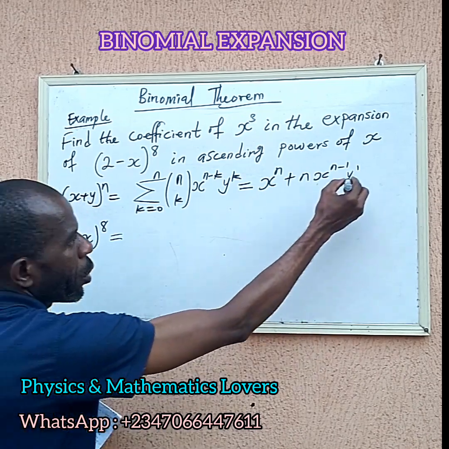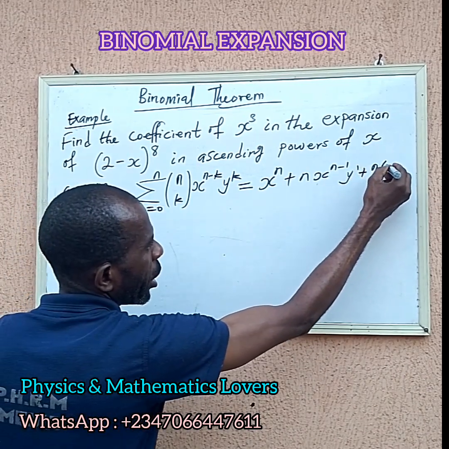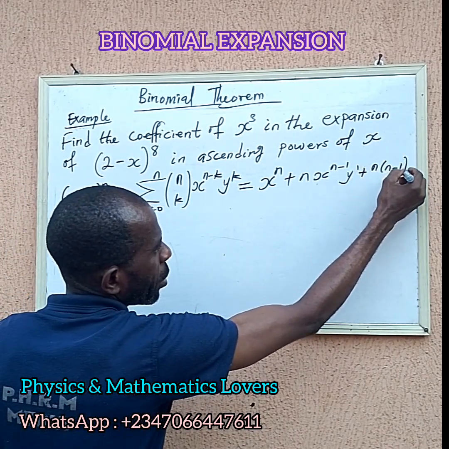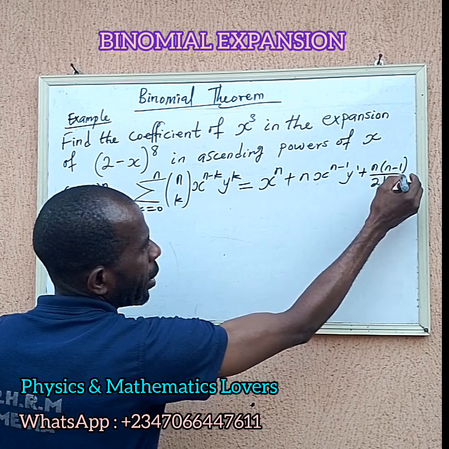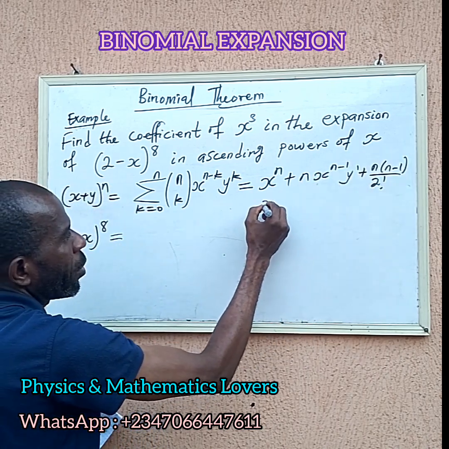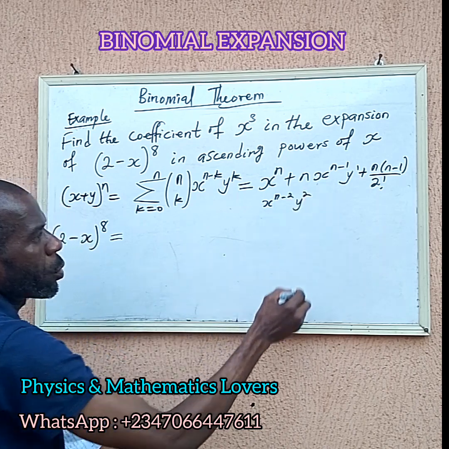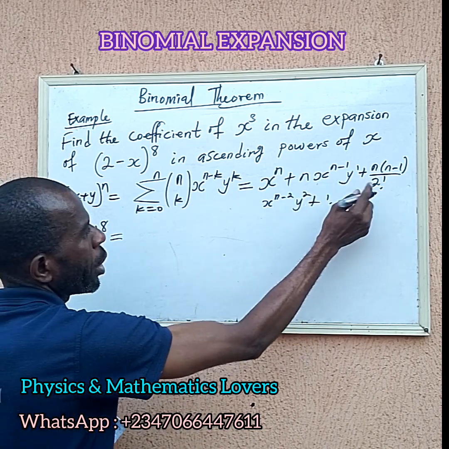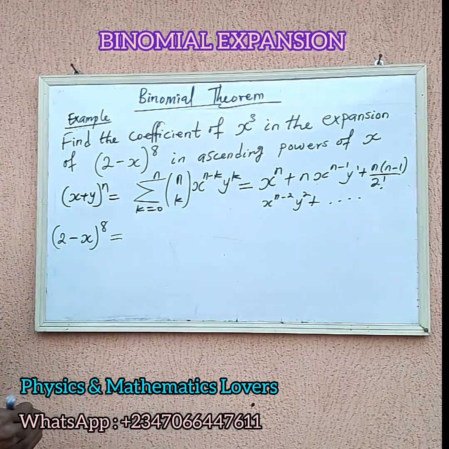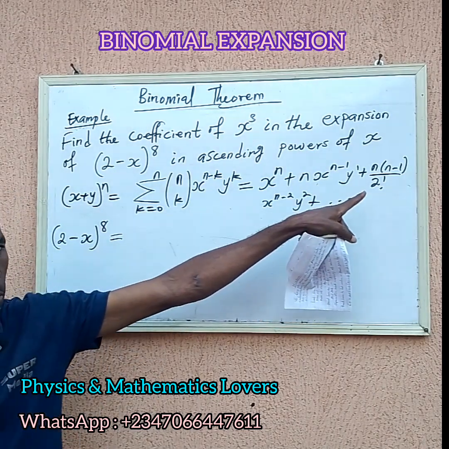Then plus the next one, n times n minus 1, over 2 factorial, then x to the power n minus 2, then y raised to power 2. So this is used to get the different terms when you carry out the expansion.